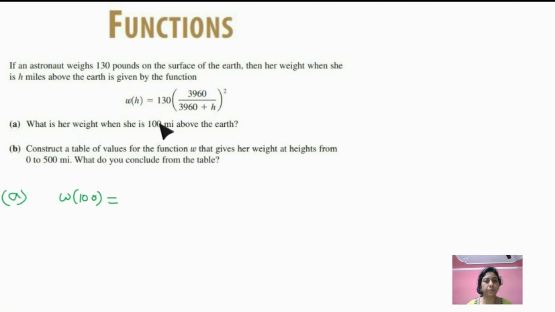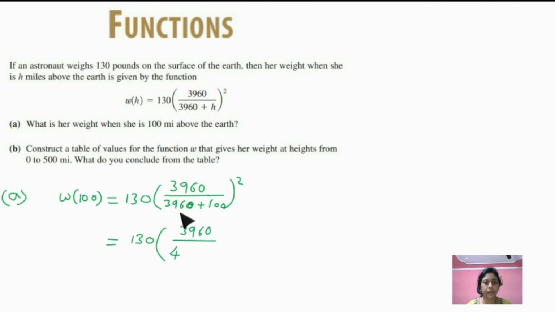Okay, just simply replace h with 100. 130 times (3960 divided by (3960 plus 100)) squared. So you can add them, so 4060 squared.